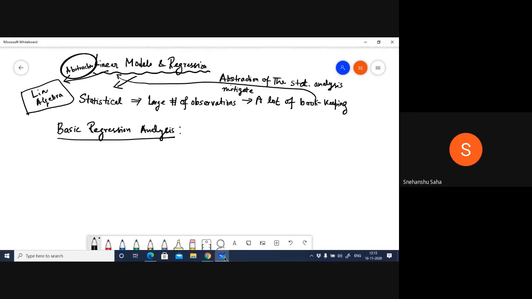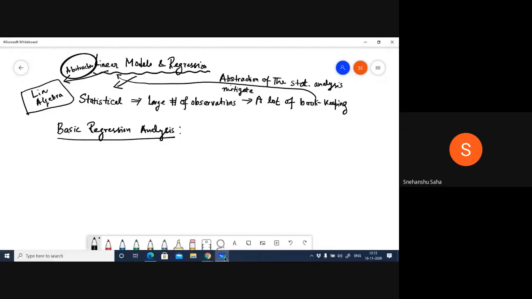I'll come to the point of why I'm calling it linear regression. What we really want to do is that there is some data, and there is some independent variable, let's say just one, and one dependent variable, and we just want to study the relationship between the two.